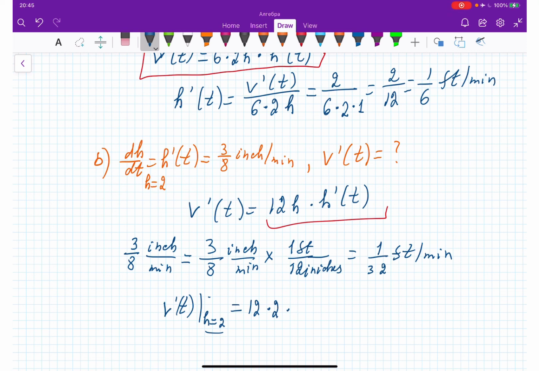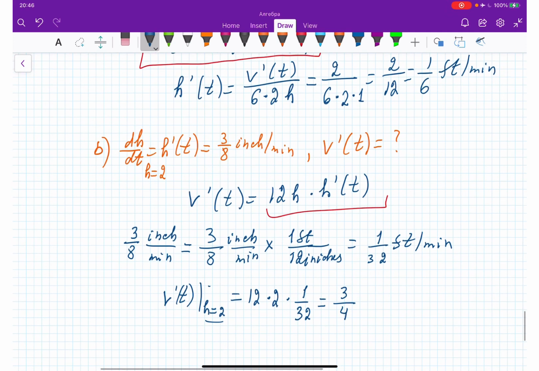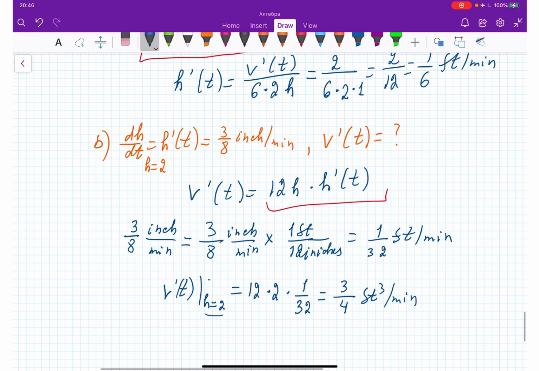And h prime is going to be 3/8 inch per minute, or 1 over 32 feet per minute. And this is going to be 3/4 cubic feet per minute. And it's done. So how fast is it filling up? It's 3/4 cubic feet per minute.